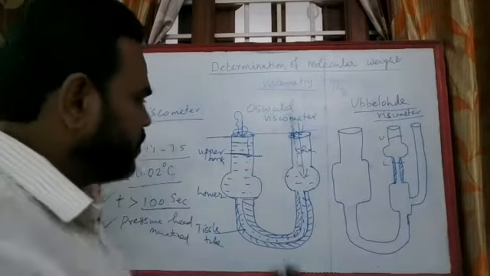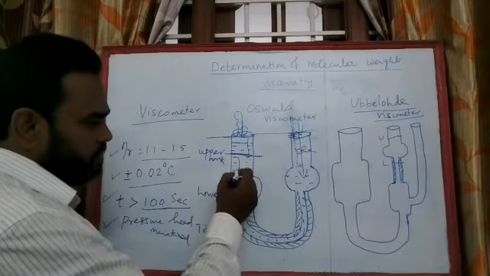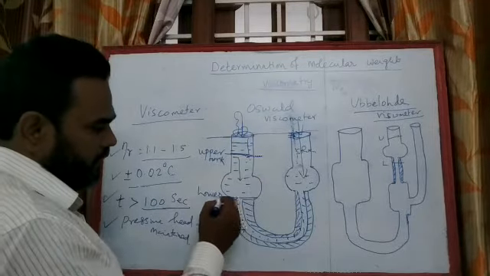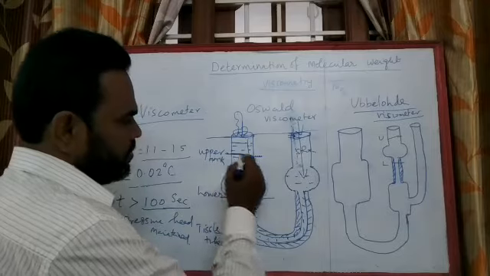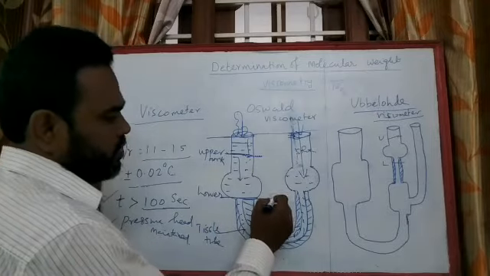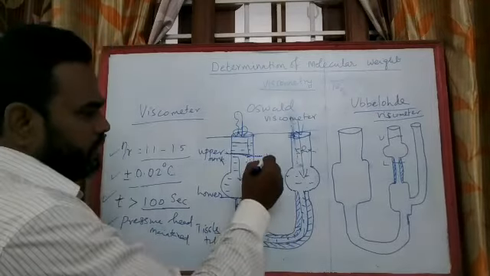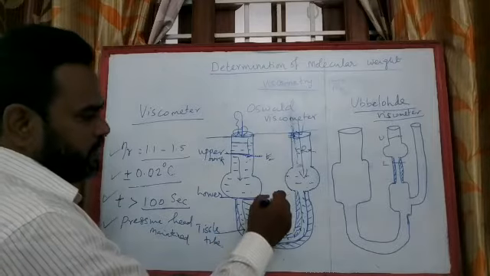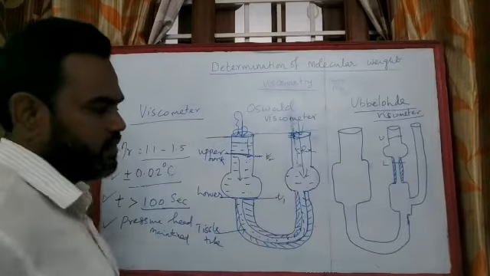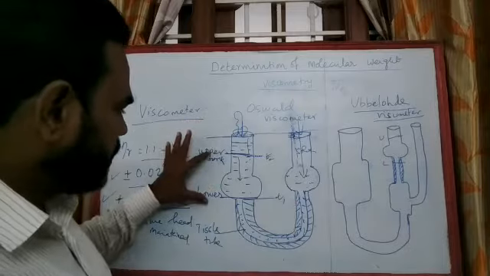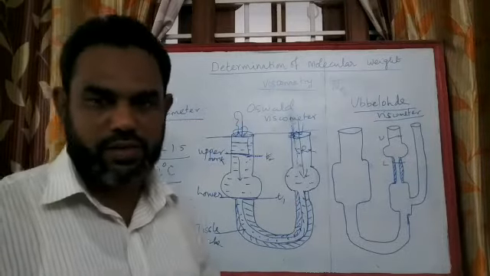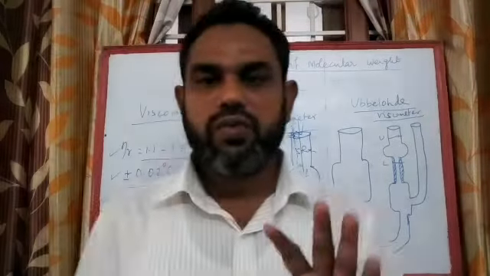The solution slowly moves down, and when it reaches the lower mark, note the timing. The time taken from upper mark to lower mark is known as the flow time of the particular solvent.